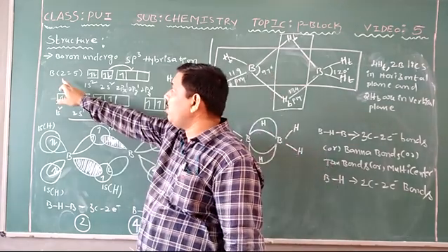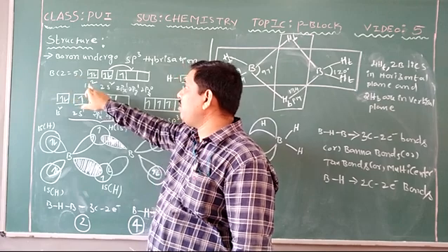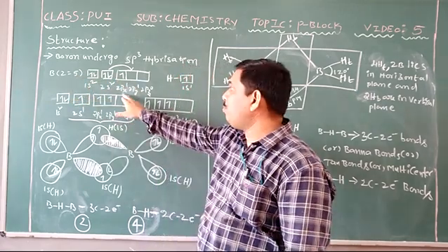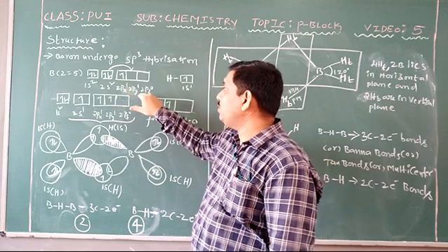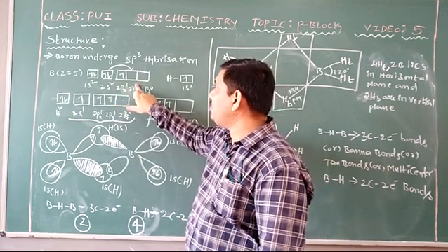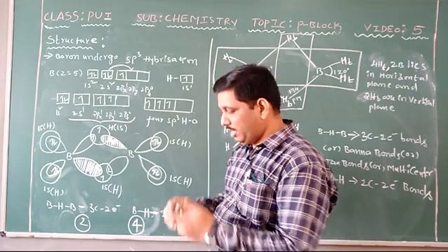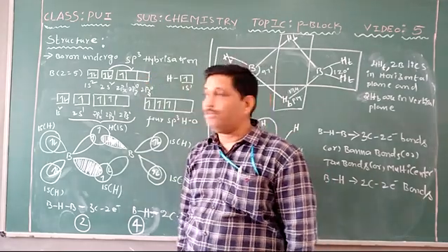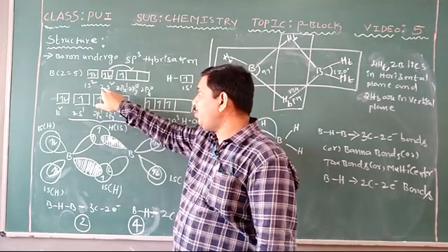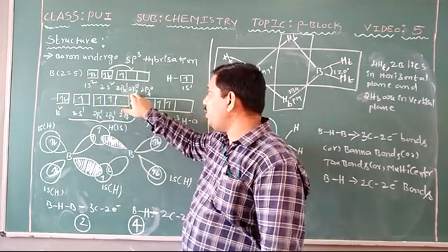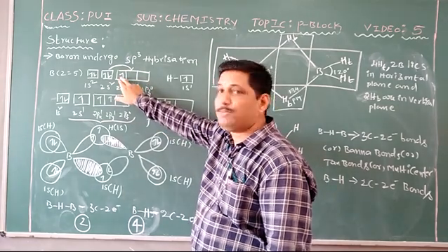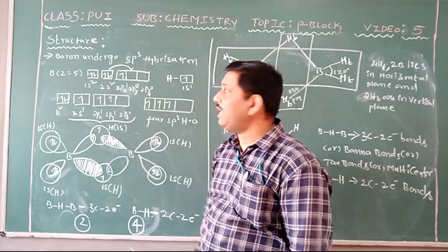For example, the boron atomic number is 5. Electronic configuration is 1s2, 2s2, 2p1. In detail, 2px1, 2py0, and 2pz0. Here only one single electron is present, but 3 single electrons are required.